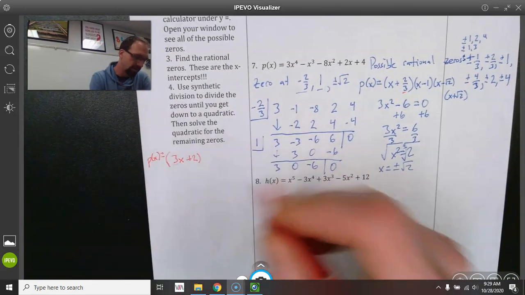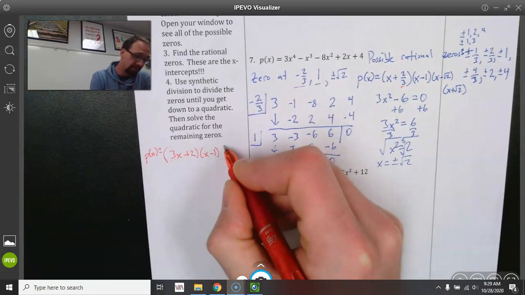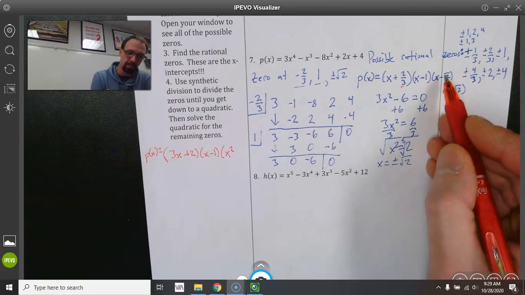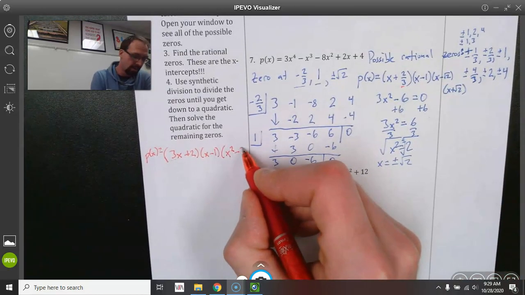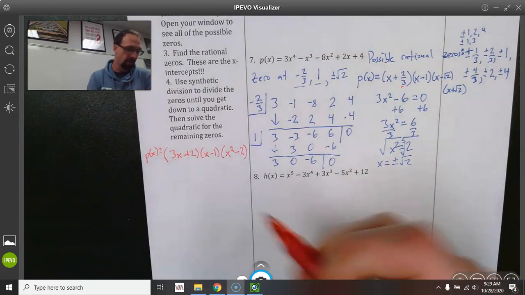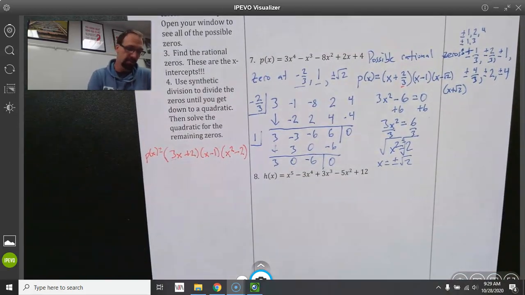Your other values then are going to be the x minus 1. And then you'll also see, for example, where it'll say x squared. Ooh, let's talk about that. x squared minus 2. Now, the reason why it's x squared is because, again, on the ACT, you'll want it as a factored form without irrational numbers. And so the square root of 2, remember, square root of 2 is irrational.